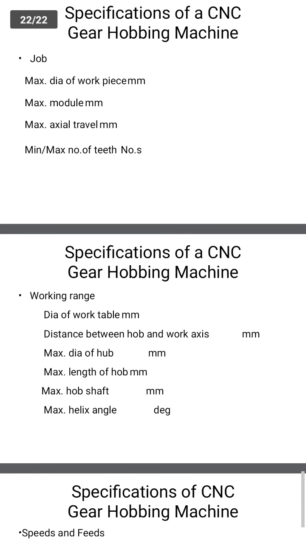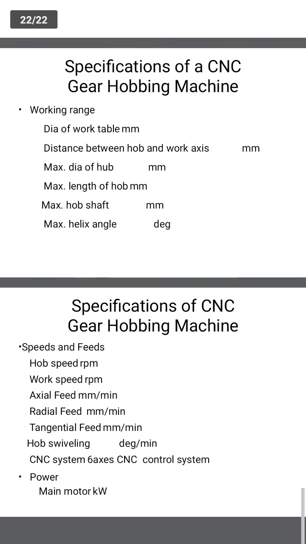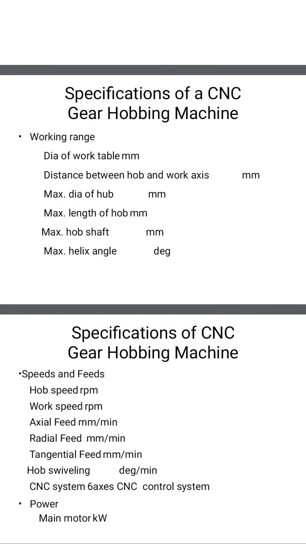Specifications of hobbing include maximum diameter of the hob, length of the hob shaft, helical angles, workpiece axis feed rate, radial feed, tangential hob, automatic tool change. All these are specifications of hobbing.